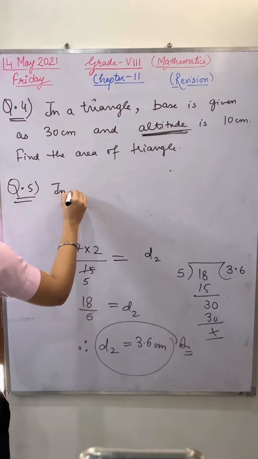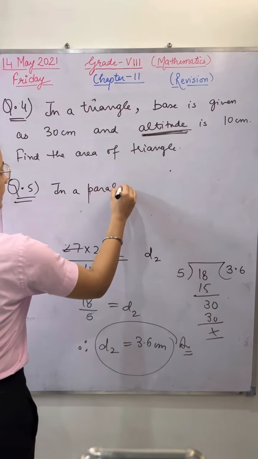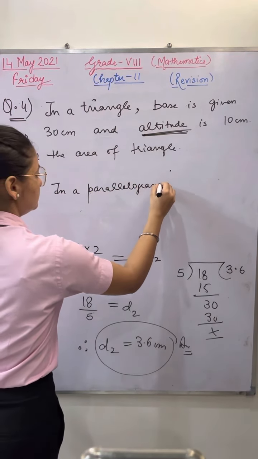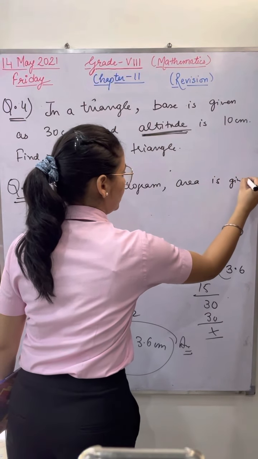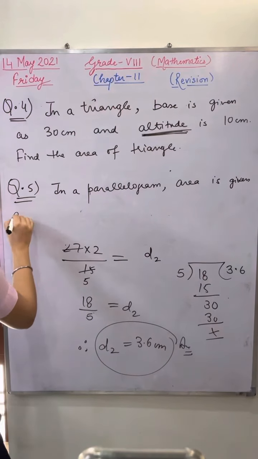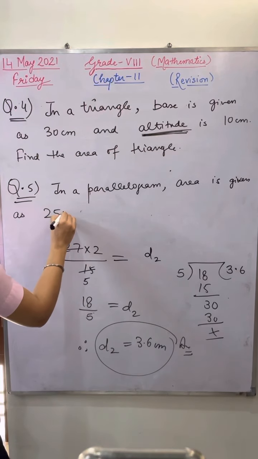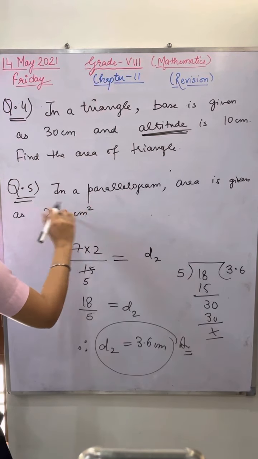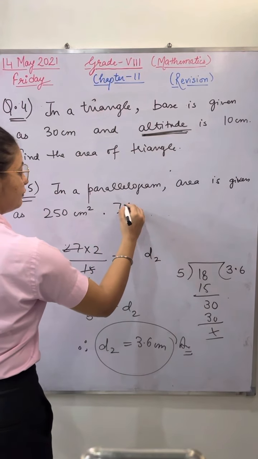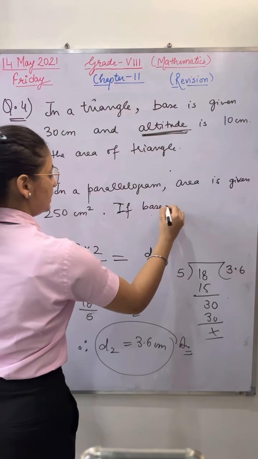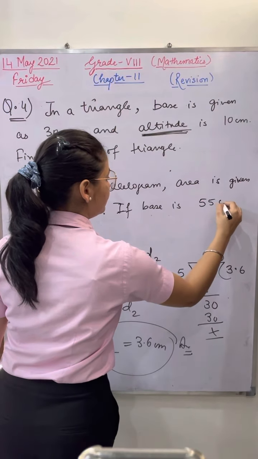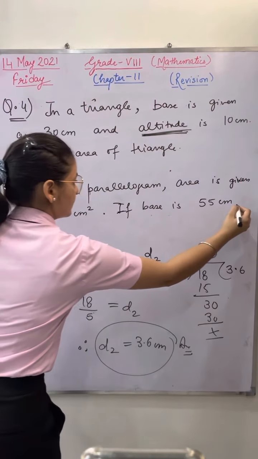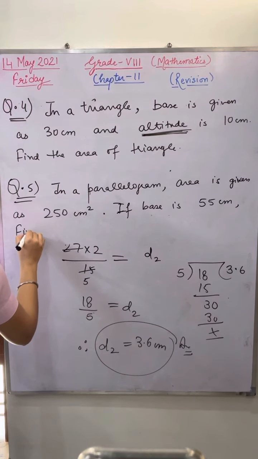In a parallelogram, area is given. Area of parallelogram is given as 250 centimeter square. Okay. If base is 55 centimeter, find the height.